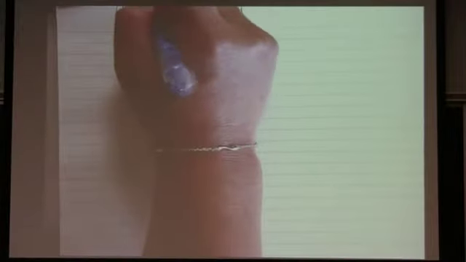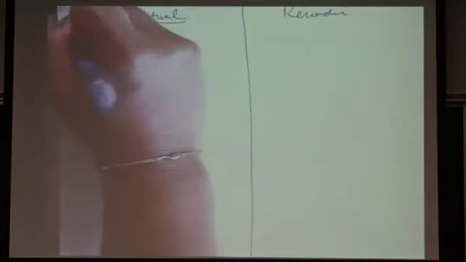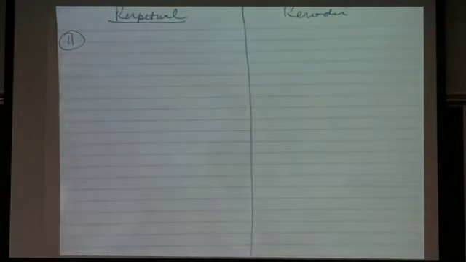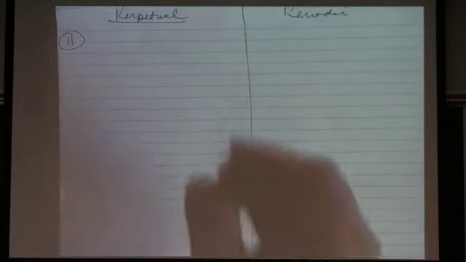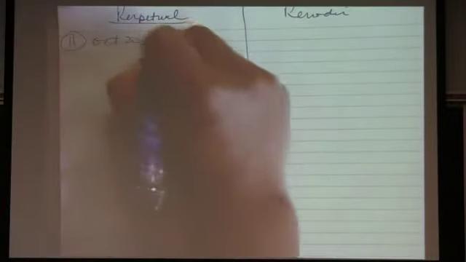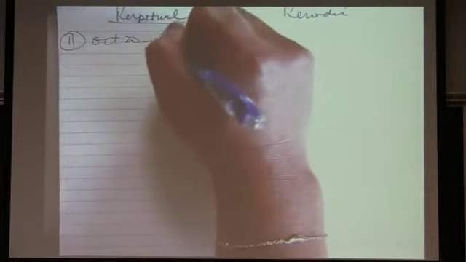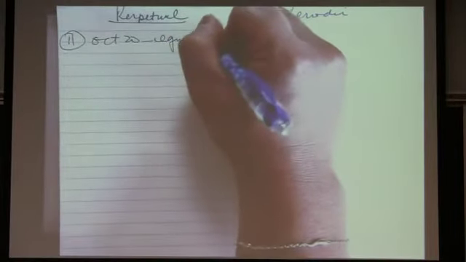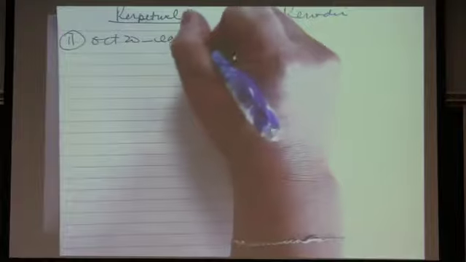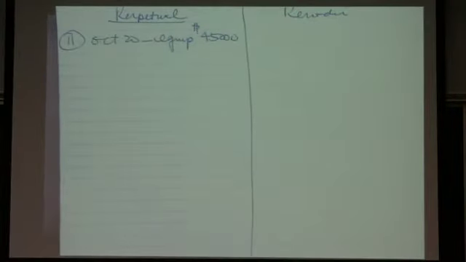Now, entry number 11. What happened? On October 20th, they purchased delivery equipment for $45,000. Okay, that's a capital asset.